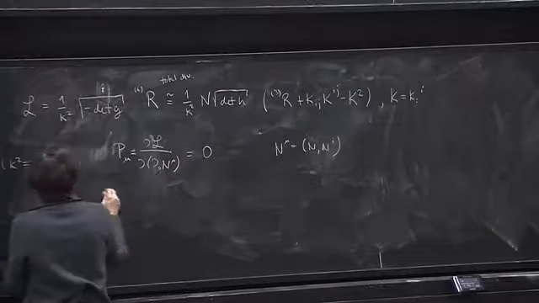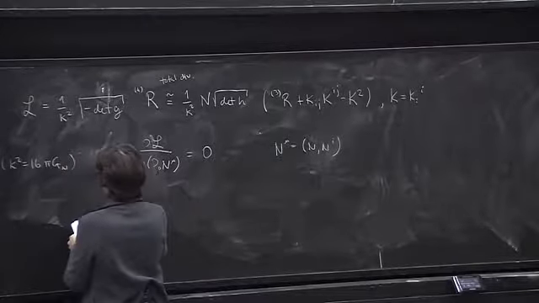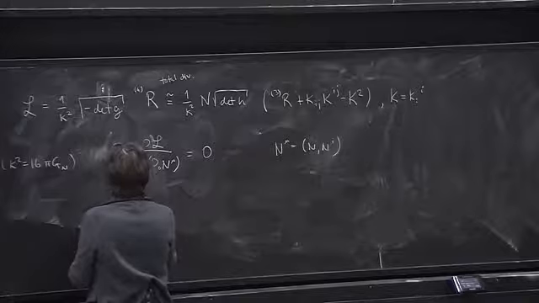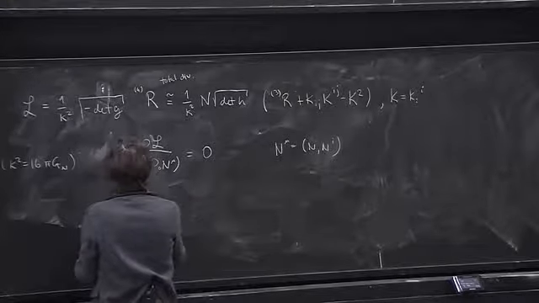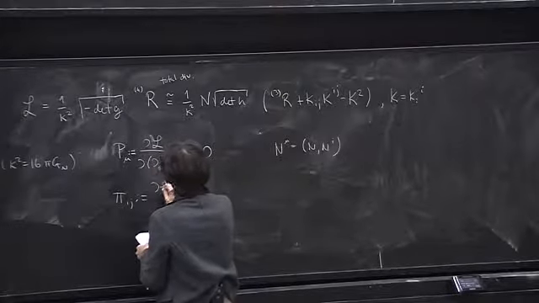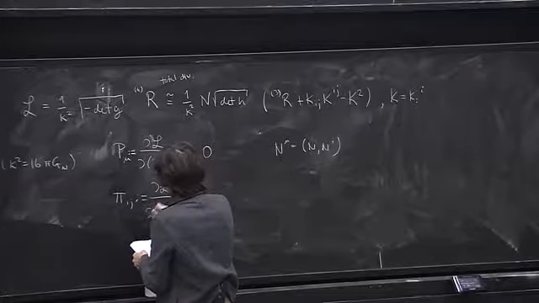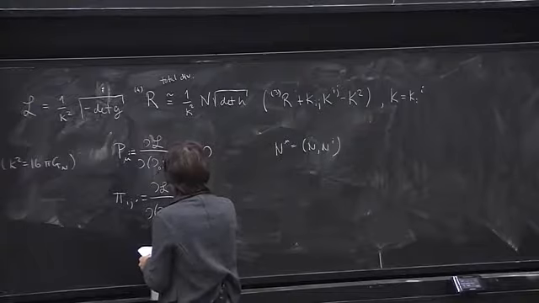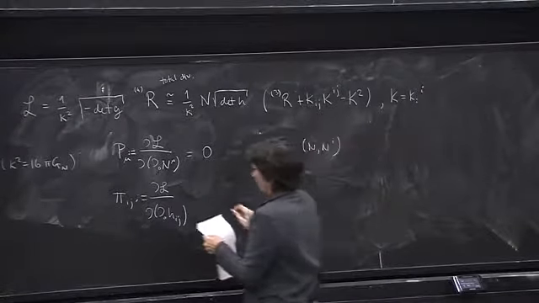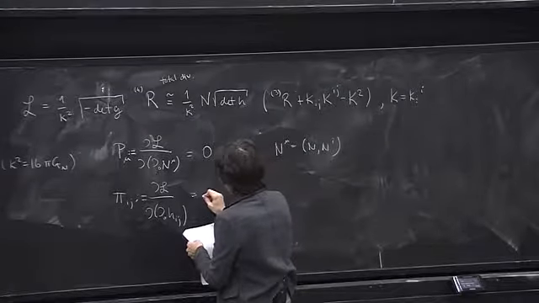The other conjugate variables are called little pi ij, and they, by definition, are the partial derivatives of the Lagrangian with respect to the velocities of hij. That's a simple algebraic step.